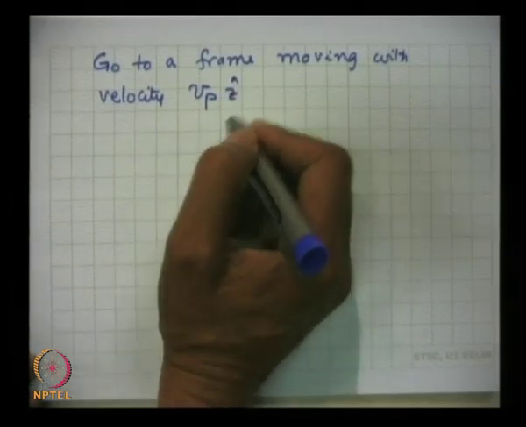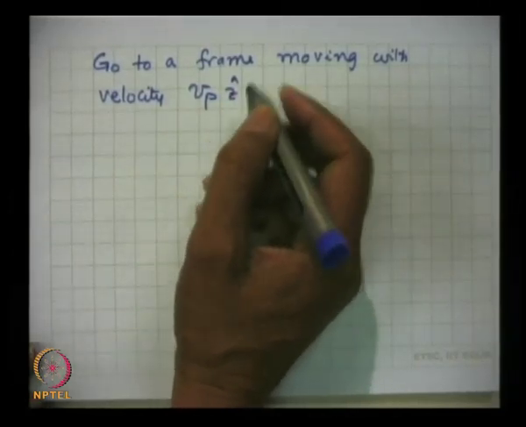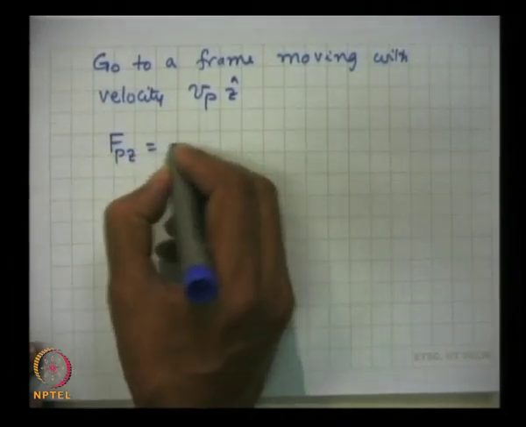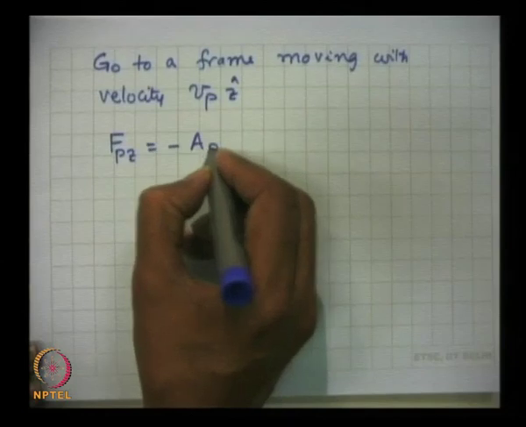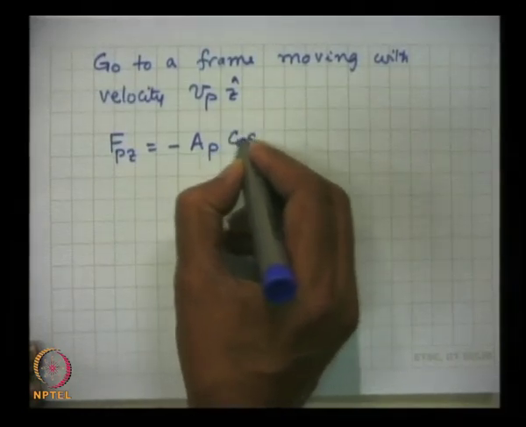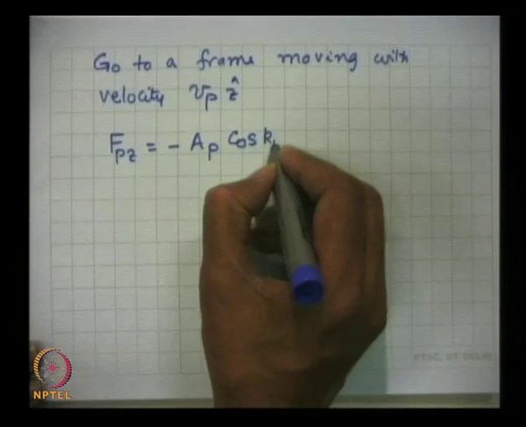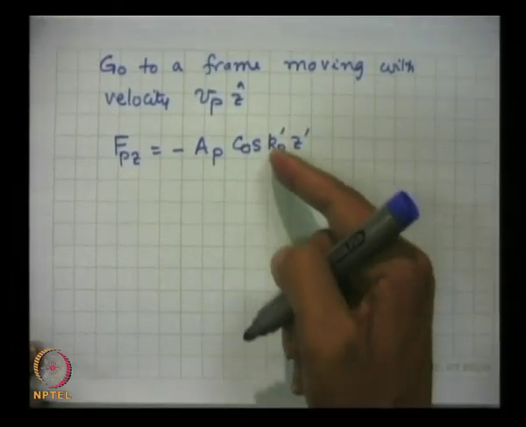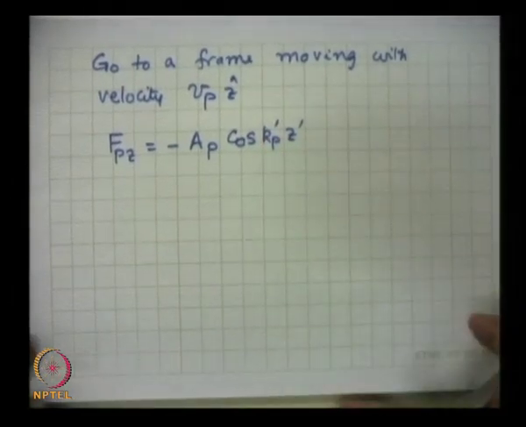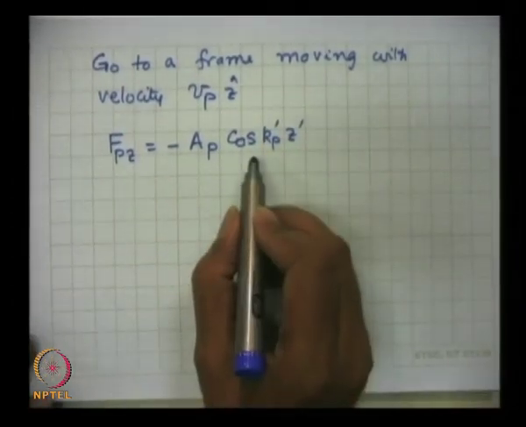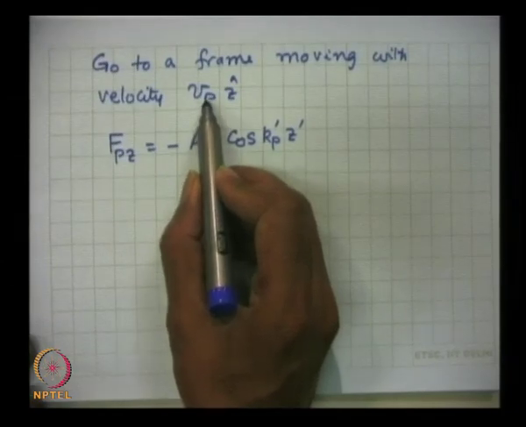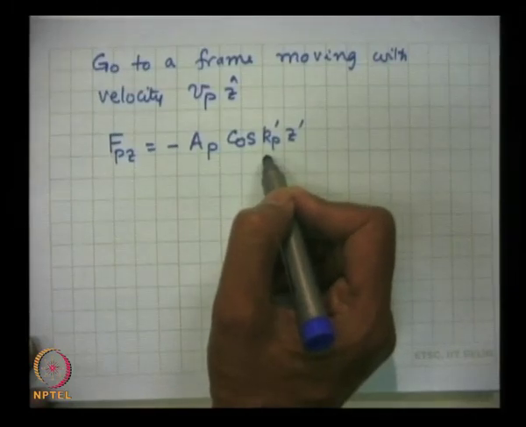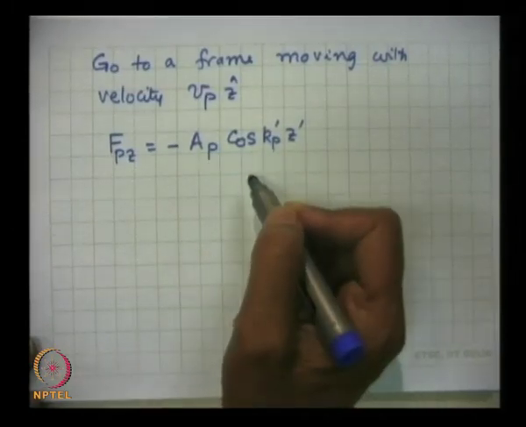Suppose I go to a frame in this direction, then the quantum force will appear as Fpz equal to minus Ap cos Kp z prime, where the Doppler shifted frequency of this force is 0, because the frame is moving with the velocity of the force, and this is the Lorentz transformed wave number of the force. This sort of expression you will get.